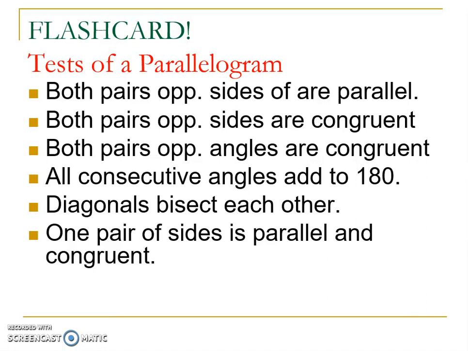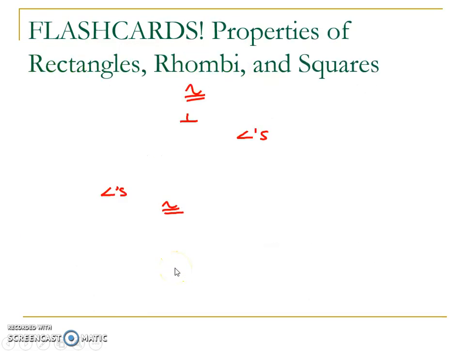One pair of sides is parallel and congruent. So we need to know the tests to see if a quadrilateral or a polygon is a parallelogram by checking these. We did this last class.